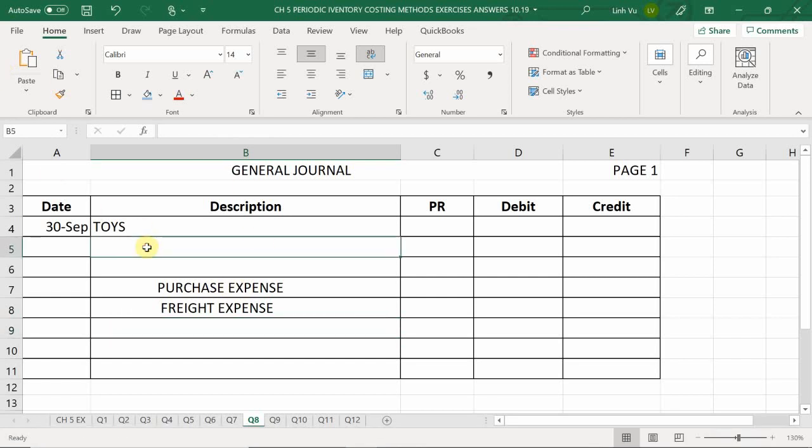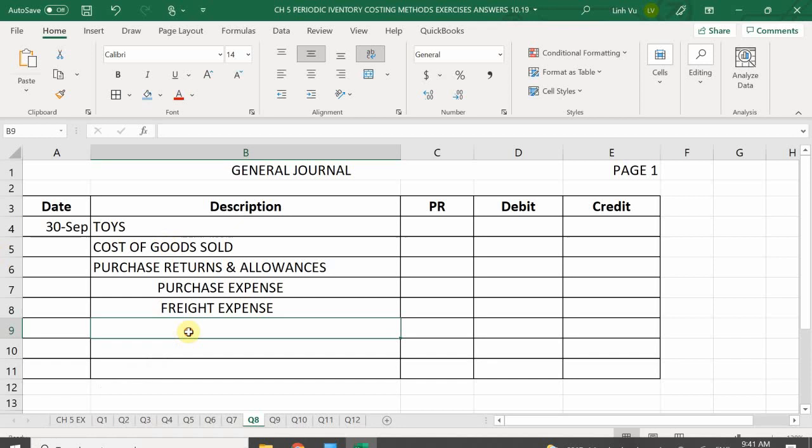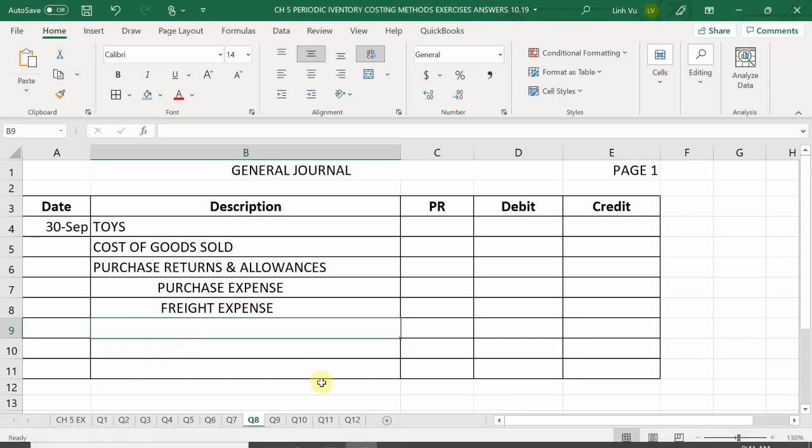What else am I going to recognize? Cost of goods sold and purchase returns and allowances. Good. Anything else? And then toys again in the bottom. Yes, this is the beginning inventory.